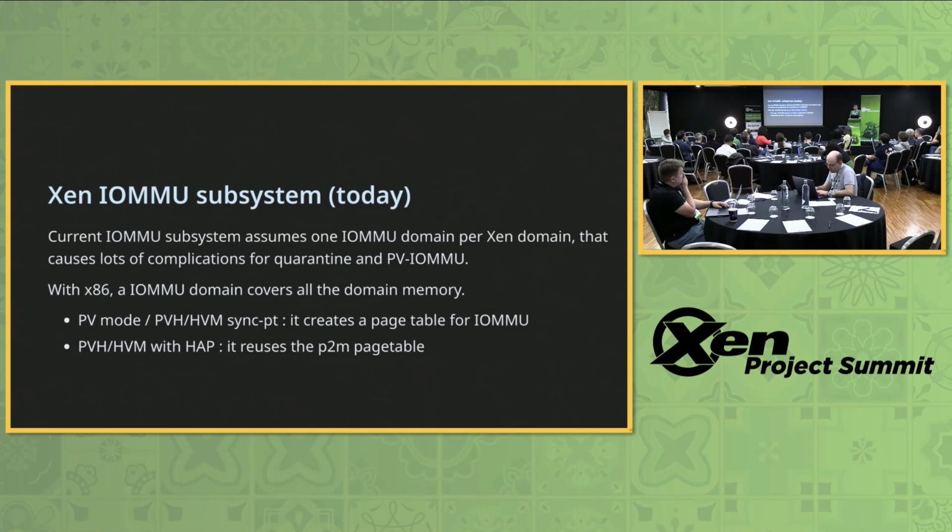For instance, with x86, the IOMMU domain covers all the domain memory. There are some specific cases, like PV mode or PVH with some flag, where it creates another page table just for the IOMMU, and with PVH and HVM using HAP mode, it reuses the page table that is used for the virtualization itself.